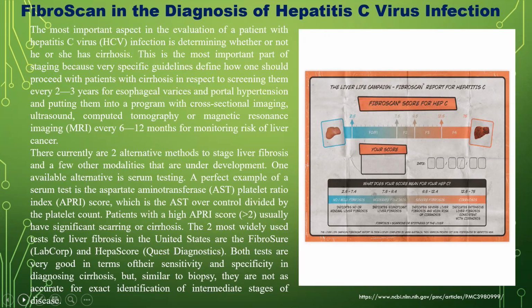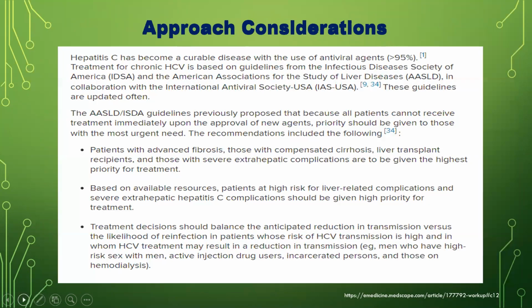The second most widely used tests for liver fibrosis, not only in the United States, are the FibroSure or HEPA score. Both tests are very good in terms of sensitivity and specificity in diagnosing cirrhosis, but similar to biopsy, they are not as accurate for exact identification of intermediate stages of the disorder.